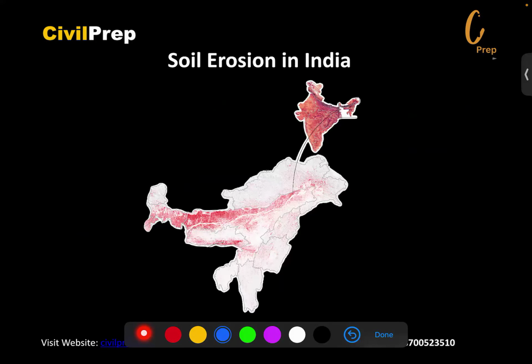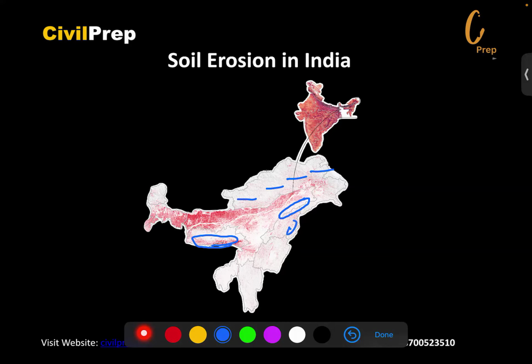Then here we'll be seeing the terrain of the northeast region. Here we have Garo, Khasi, Jaintia, Dafla, Miri, Abor, Mishmi, then the Barail ranges.